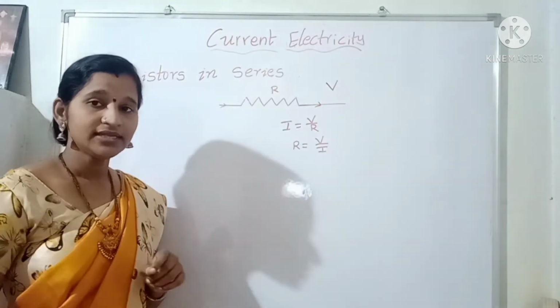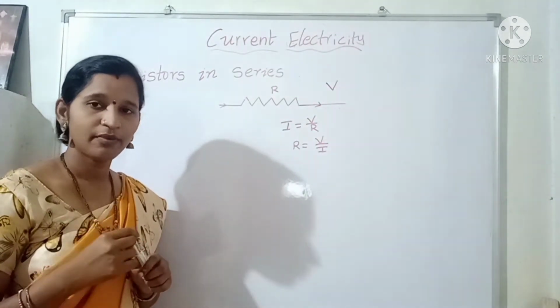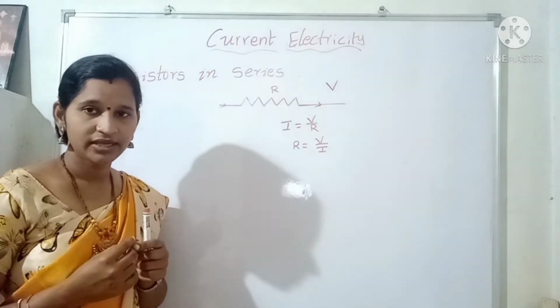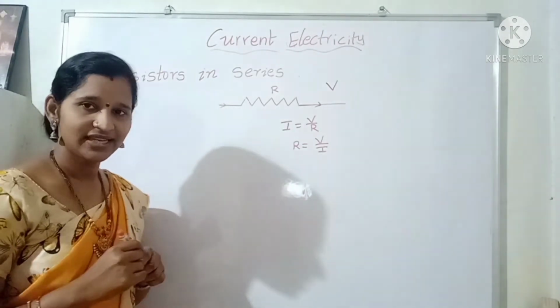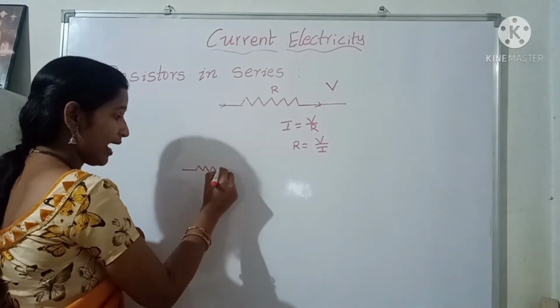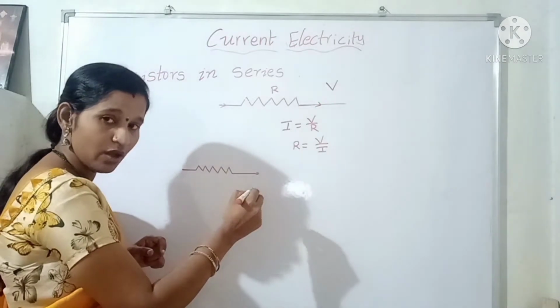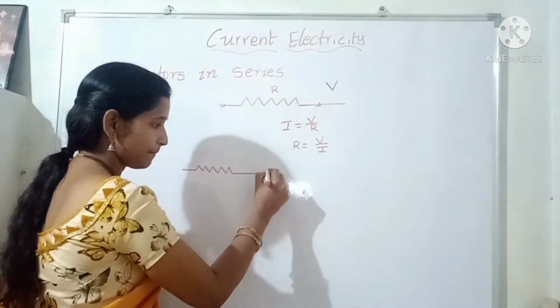But sometimes two or more resistors will be connected together. There are two types, one is series and the second is parallel. In series, one end of a resistor is connected to one end of the other resistor.